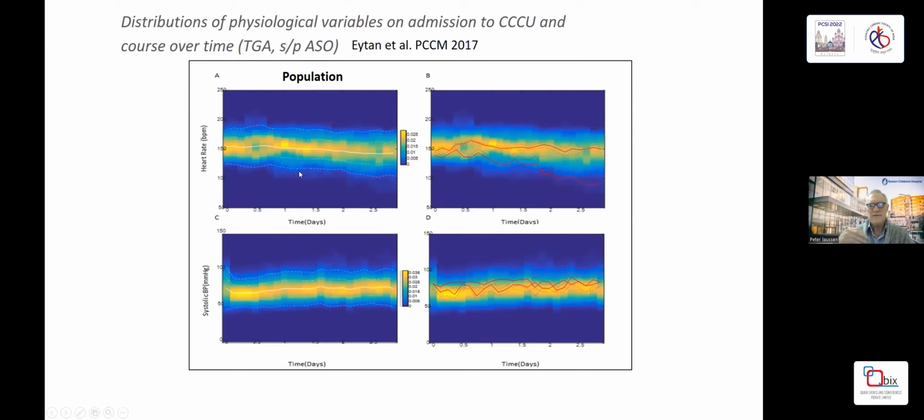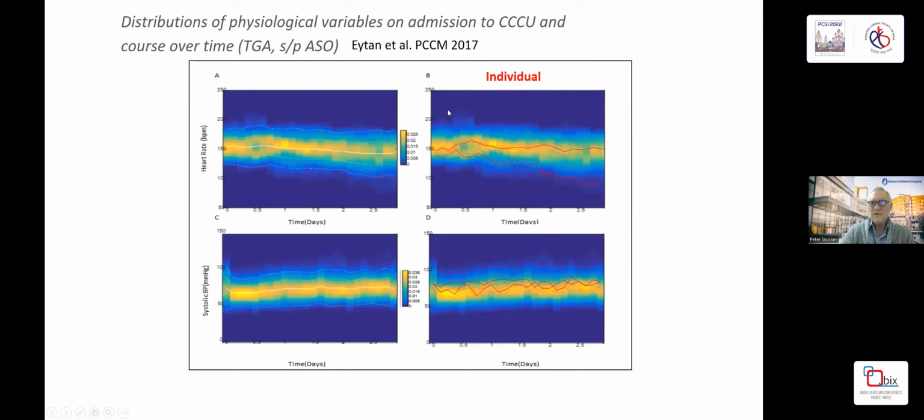And you can see that for that population, we can see what the mean heart rate was and the ranges for each post-operative day. And that's great. It's nice to know where we expect our ranges for these particular variables to exist for that population of patients.